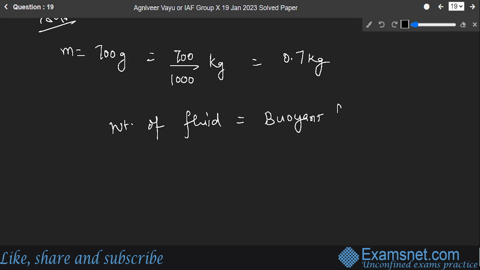Correct? What is buoyant force? It is weight of the water displaced. So if V is the volume of the cube inside the water, then the weight of the water displaced will be equal to this, right?